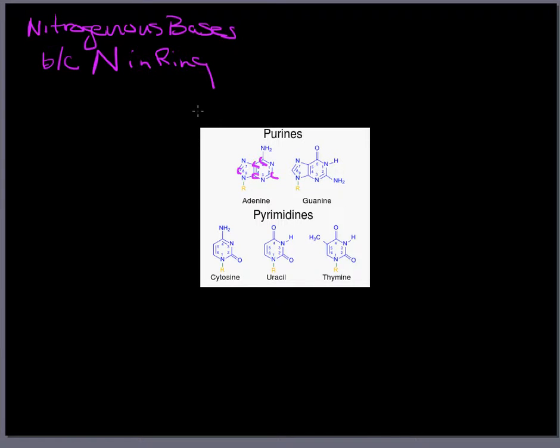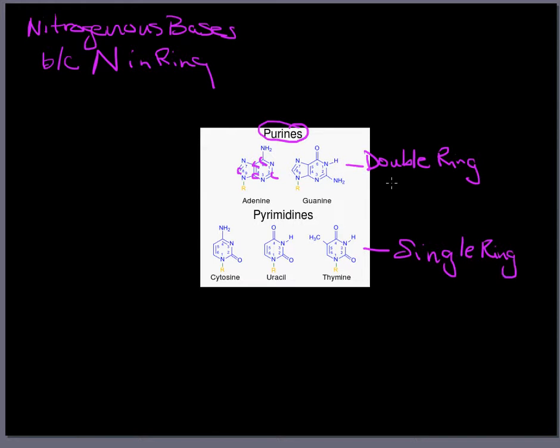But we have two different groupings. We have the purines, which, as you can see, are double ring structures. In other words, there's two rings connected to each other. And then we have the pyrimidines, which are all single rings. And you may know them better by just their letters.